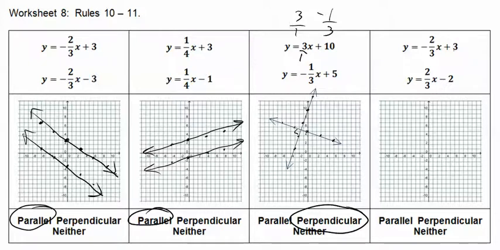We start at plus 3, 1, 2, 3. And we go down 2 over 3, down 1, 2, 1, 2, 3. And we can go the other way as well. It's the same pattern, 1, 2, 3. And put in our line.